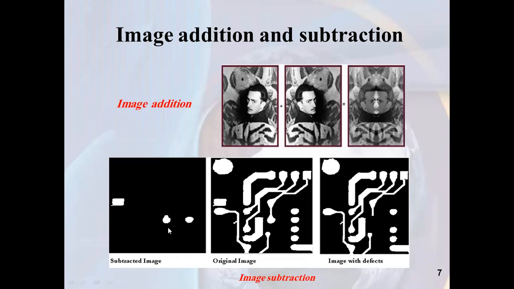If the subtracted image is 0, which means all the color is black, it means that the produced board is similar to the original, and this board will be approved. If we have white colors, it means that we have a difference between the original image and the fabricated or produced image, so this produced board has artifacts or defects and cannot be approved.